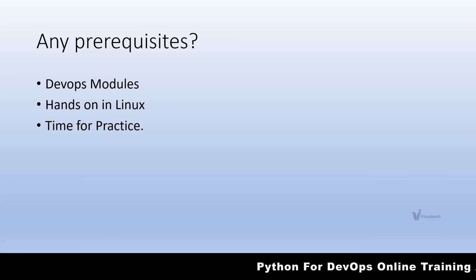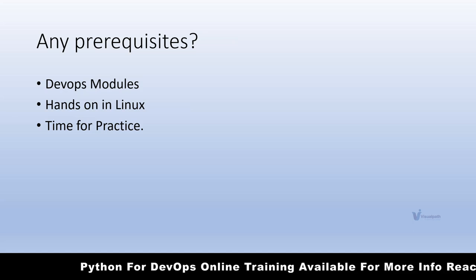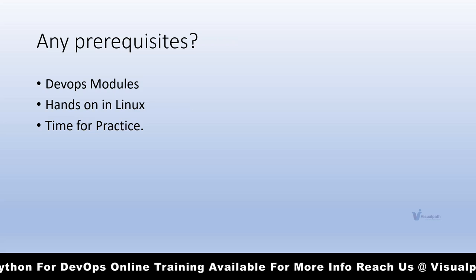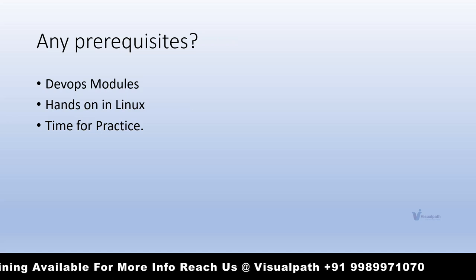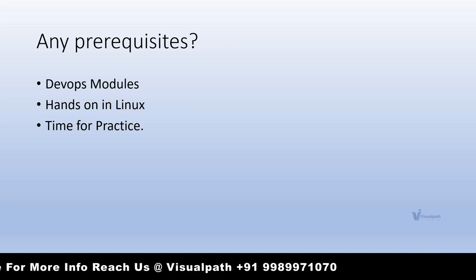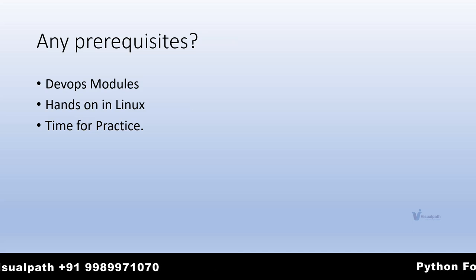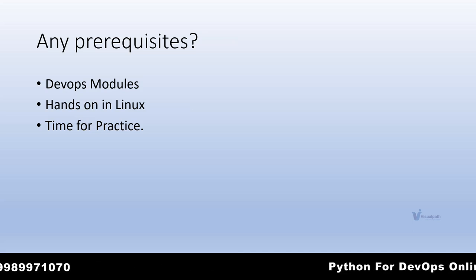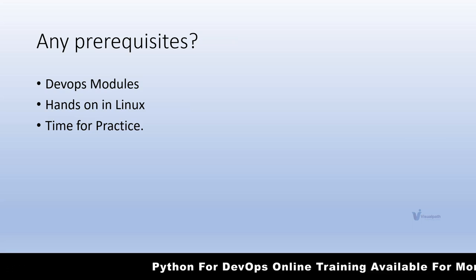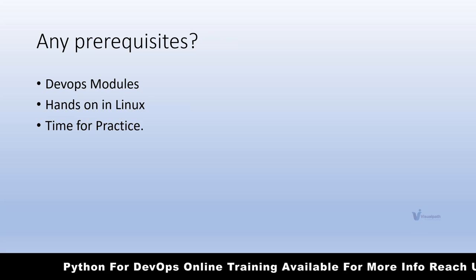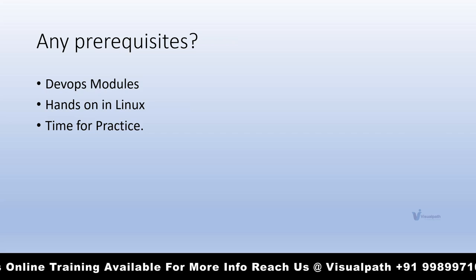At the same time, you need to spend some time on practice, because if you are writing an automation, you are developing some code. So you need to have a lot of practice to make the code optimized and run faster. For this to happen, you need to rewrite the code again and again, so that you can understand how your code is getting optimized, what the space and time complexity are, and how they are getting decreased in your code.